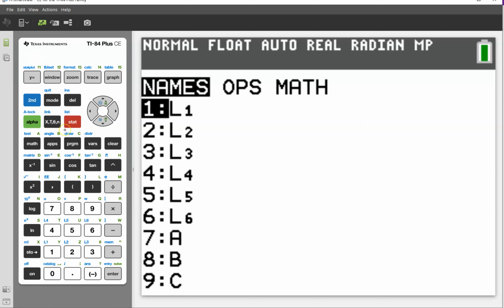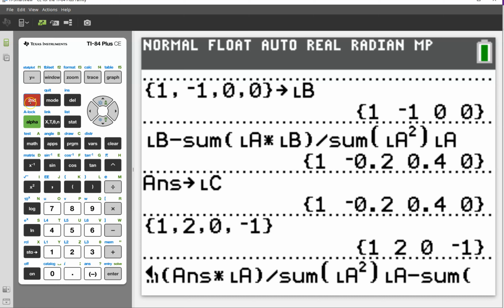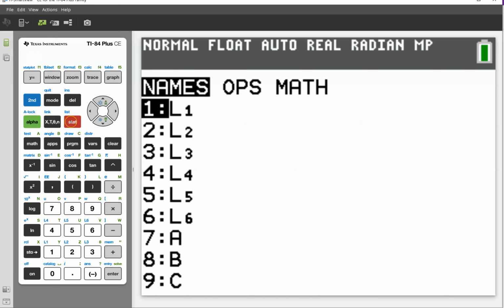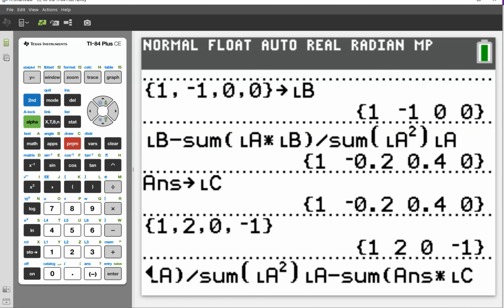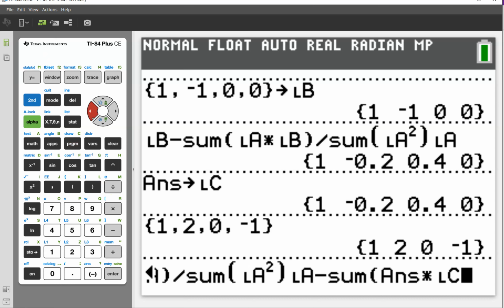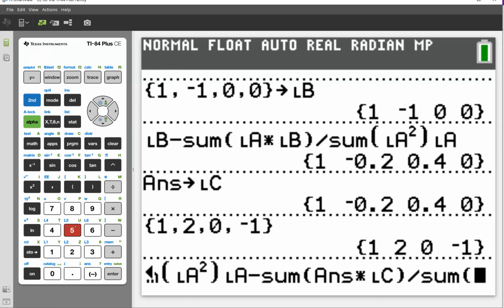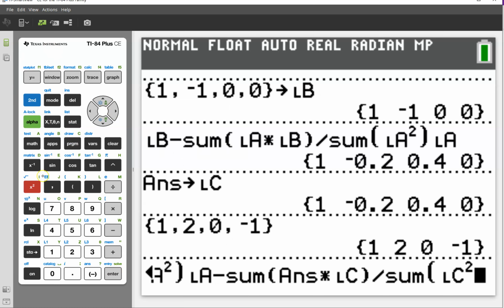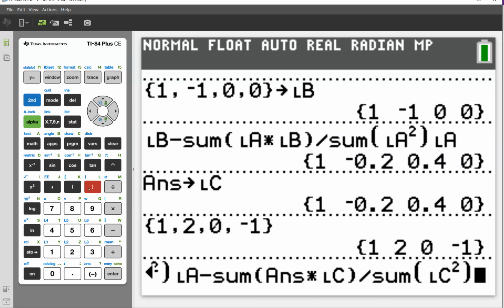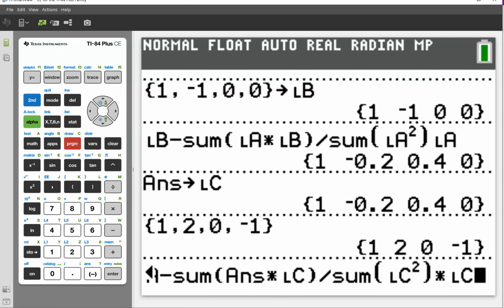So this will be minus list sum previous answer times list C, and get a parenthesis in there, divided by list sum of list C squared times list C.